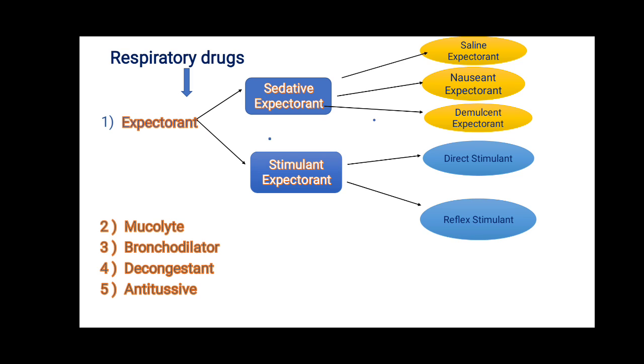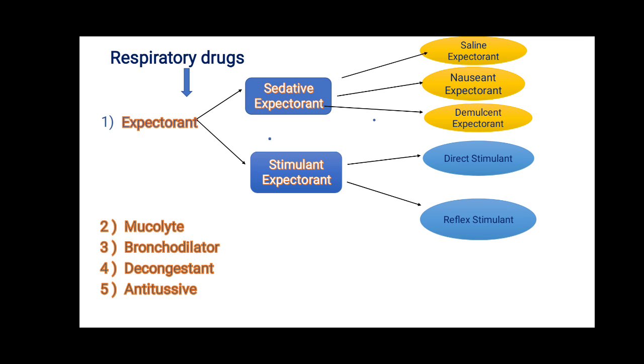In the last video we discussed expectorants. What is an expectorant? The word expectorant came from the Latin word expectorare, meaning drive out from the chest. Expectorants are the drugs which increase the production of demulcent respiratory tract fluid that covers and protects the irritated mucosa.